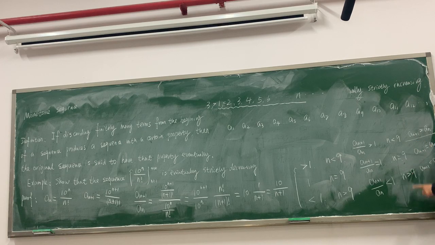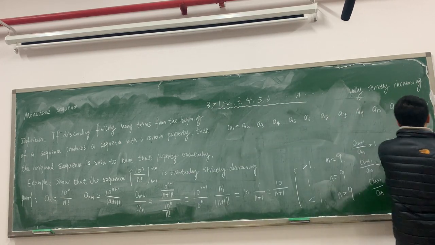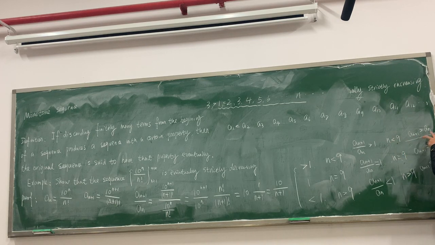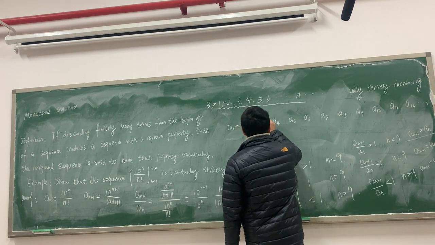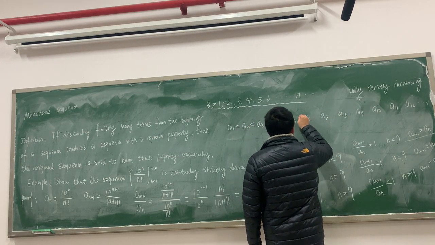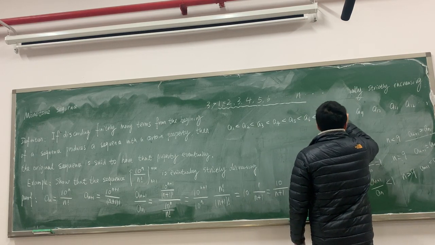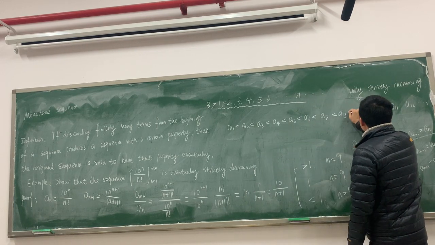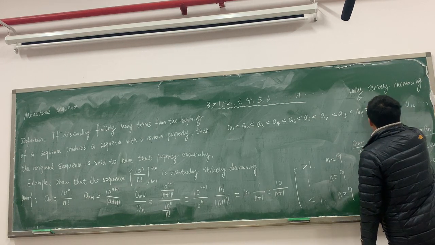When n is less than 9, we have this conclusion, so A2 is also less than A3, A3 less than A4, A4 less than A5, A5 less than A6, A6 less than A7, A7 less than A8, A8 less than A9. And when n is equal to 9, we have A10 equal to A9. So these two terms are equal.